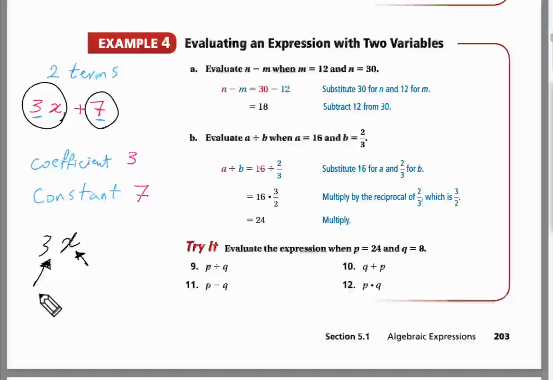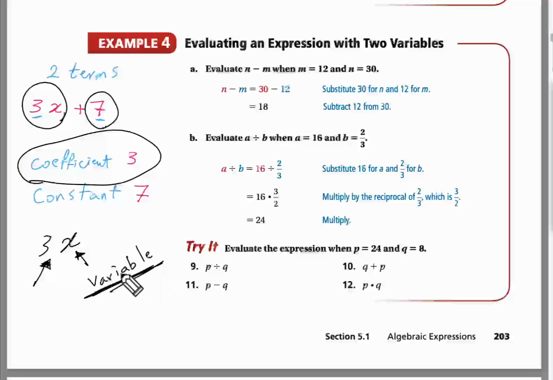The numerical factor is the coefficient. And x is a variable. And the variable is a number that we use a letter for. 3 is the coefficient, and x is a variable.